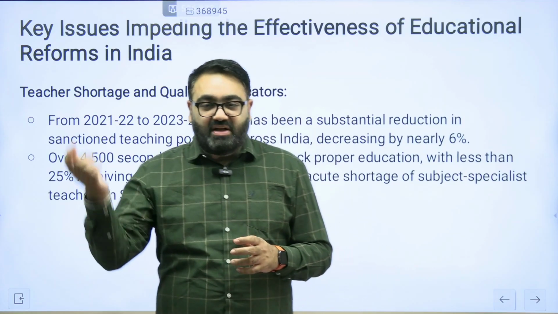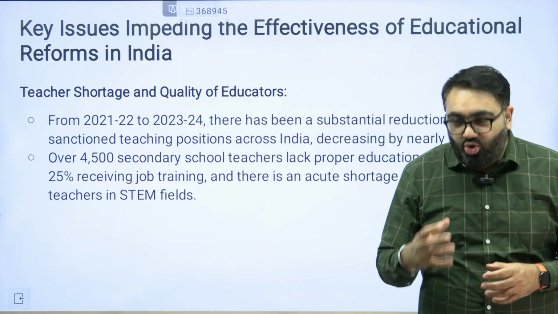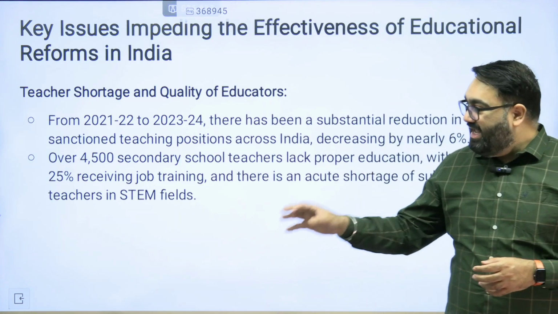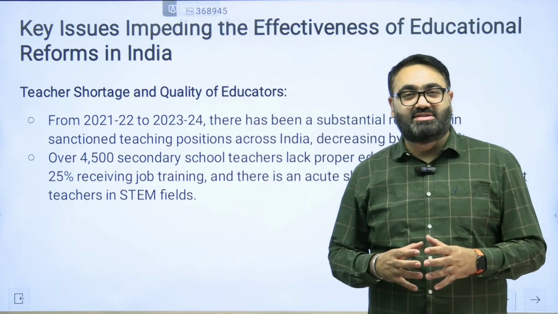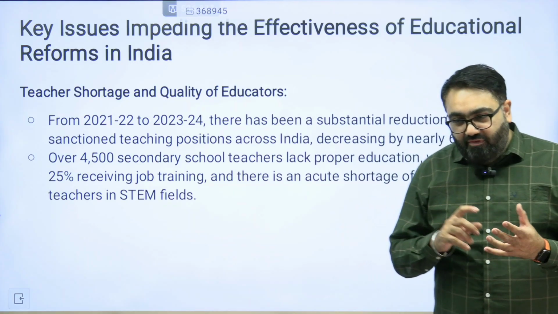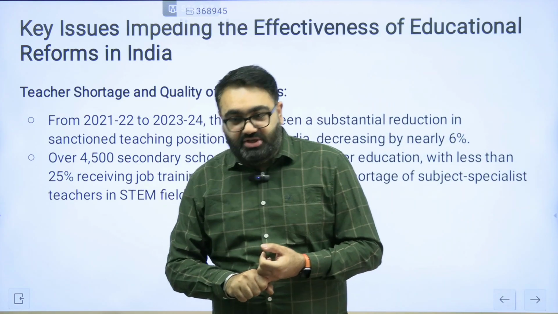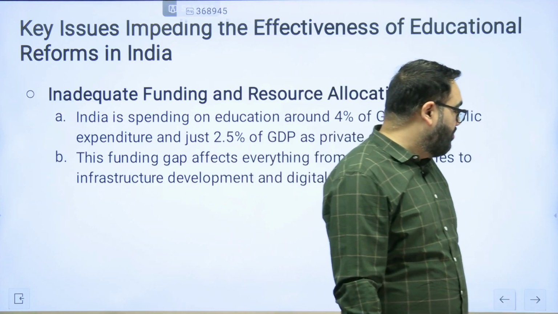The teacher first needs to be trained on how to manage a classroom, how to handle the students, how to teach a certain topic. Only then would it have the kind of impact that we are expecting from our education system. So lack of teachers, and then on top of that, lack of the quality of teachers has had a major impact on the learning outcomes of the students.